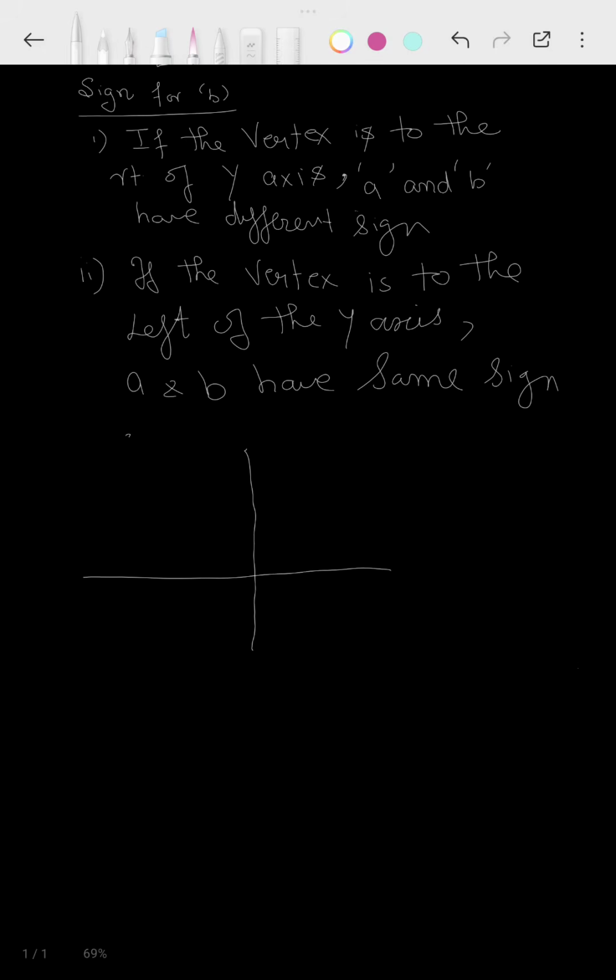If this is our polynomial, it is somewhat like this. Here A is less than 0 or A is negative, since the graph is opening downwards. And the vertex is lying on the left of the y-axis. So B will have same sign as A. That is, B is less than 0 or B is negative.